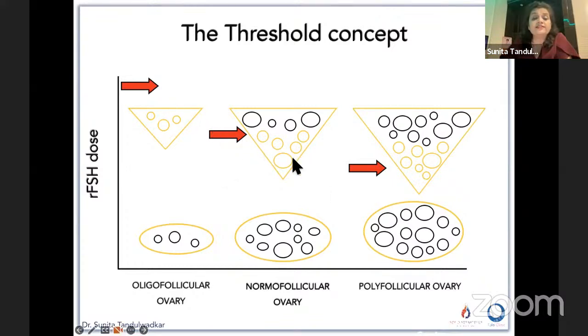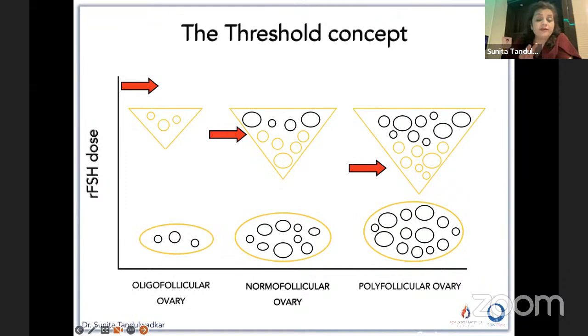You learn the threshold yourself, and the threshold is decided by the age of the patient, her ovarian reserve, which is seen by the AMH and AFC, and her body weight. These are the factors that help you decide what the threshold should be.